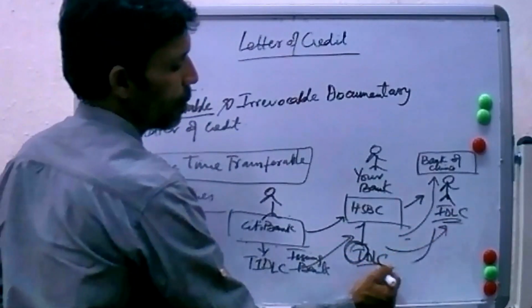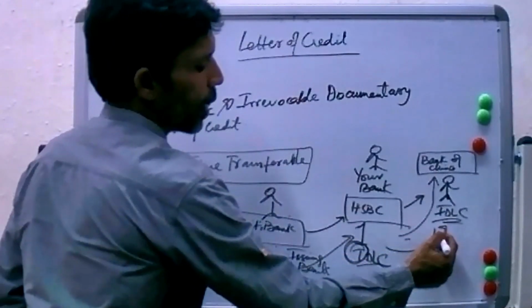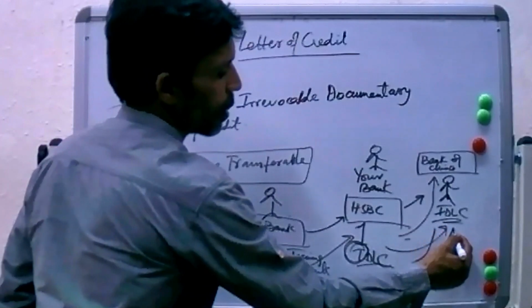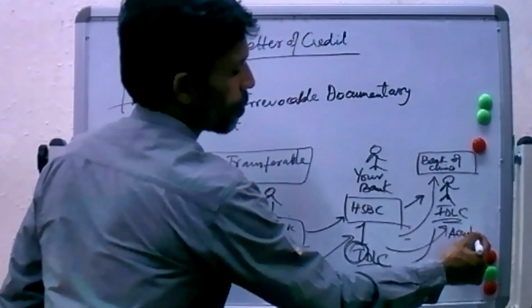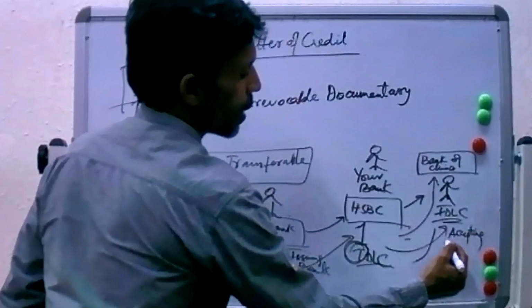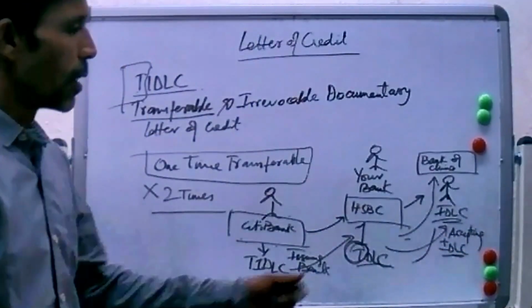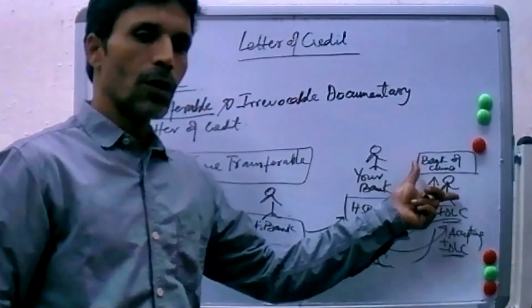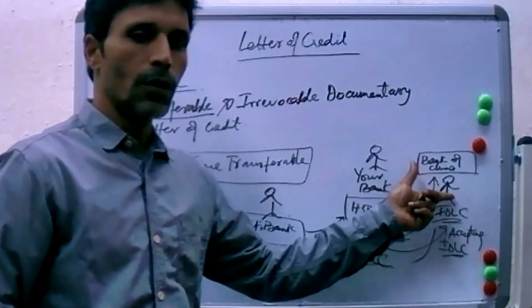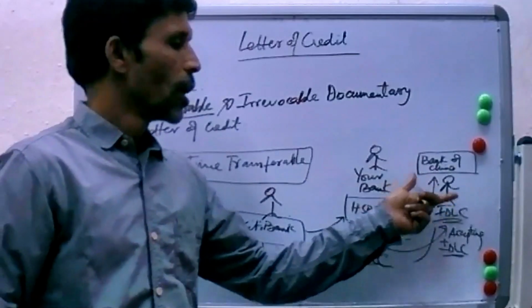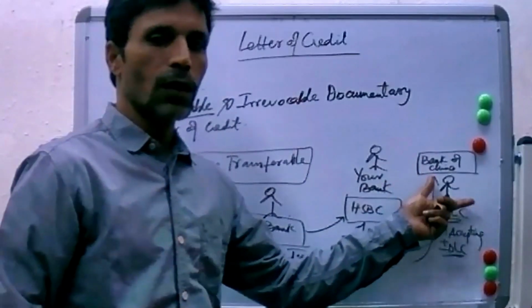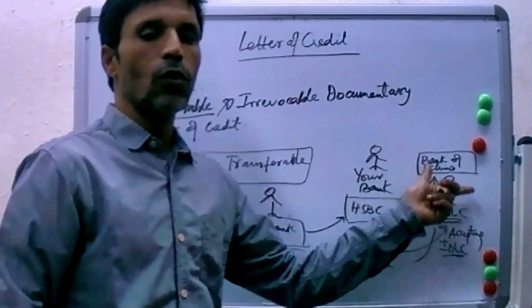It will be issued to the accepting bank as IDLC. That means the supplier, or the holder of the position of the supplier who is in possession of goods, will not be able to transfer this documentary letter of credit to any other supplier.